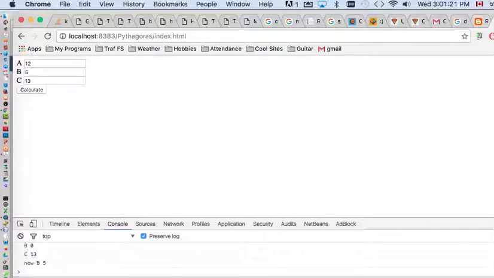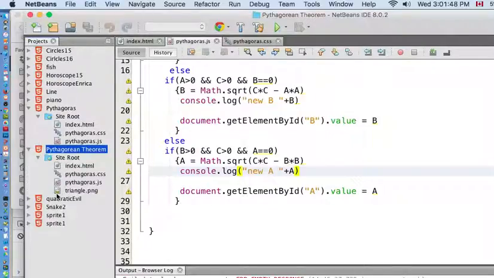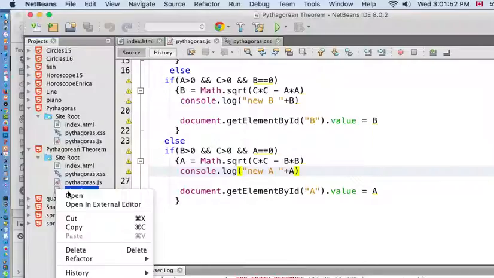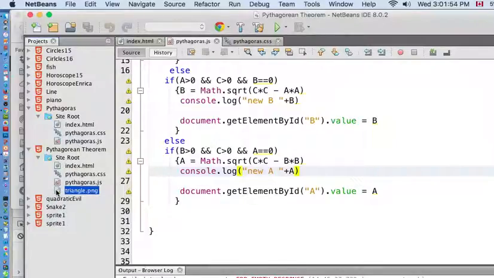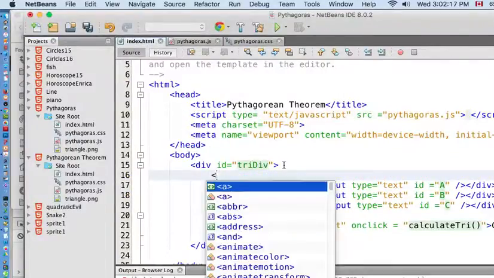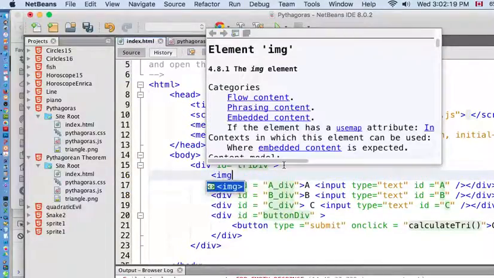Okay, the next step is to get the image in there. So I want to make an image in there. So I'm just going to alt and drag that. And there we go. Okay, so there's my image. It's called triangle. So in my HTML, I'm going to pop that in as an image.